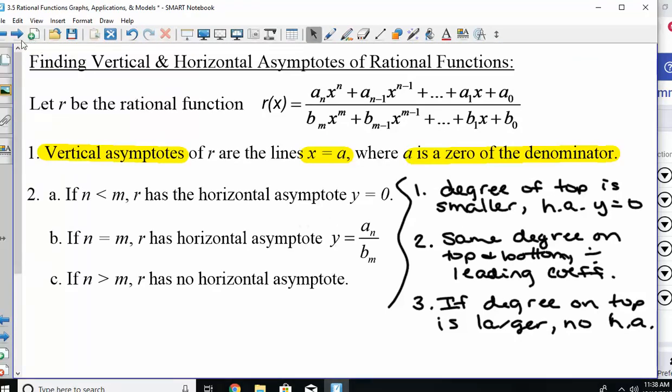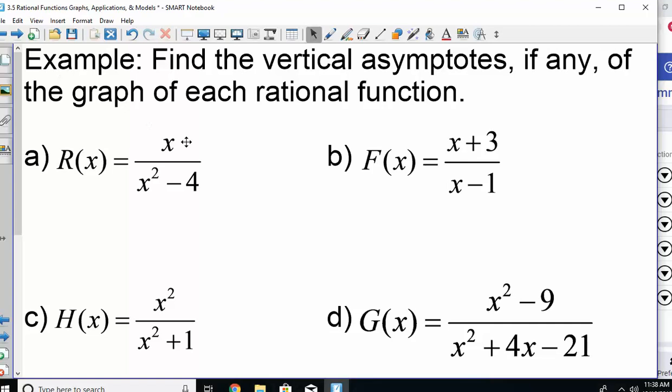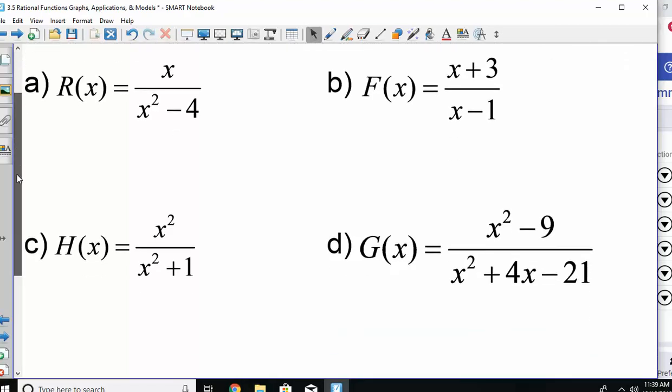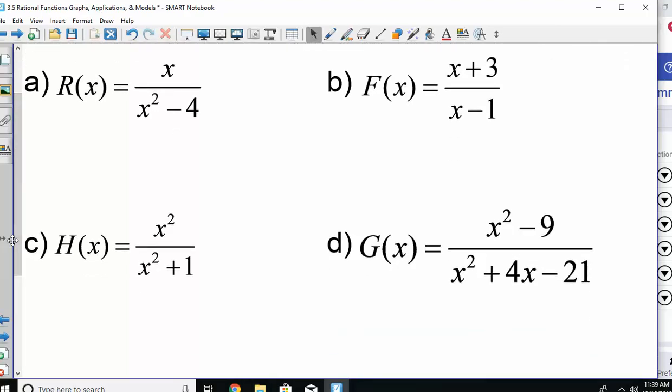So vertical, we are just looking at the denominator. What makes it 0? So let's try. In order to find out what makes this 0, what are you going to have to do? Okay, we need to solve for x.